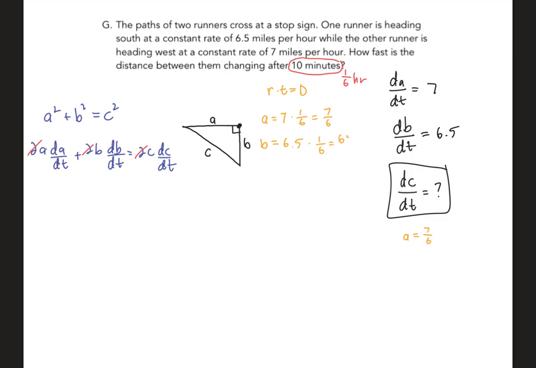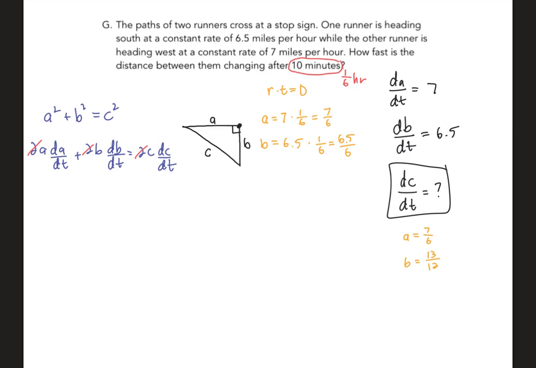We'll just say 6.5 over 6. That's B. We could also say it's 65 over 60, and then divide top and bottom by 5, and then that's 13 over 12. Or just multiply top and bottom by 2. 6.5 times 2 is 13. 6 times 2 is 12. That's probably better, actually.